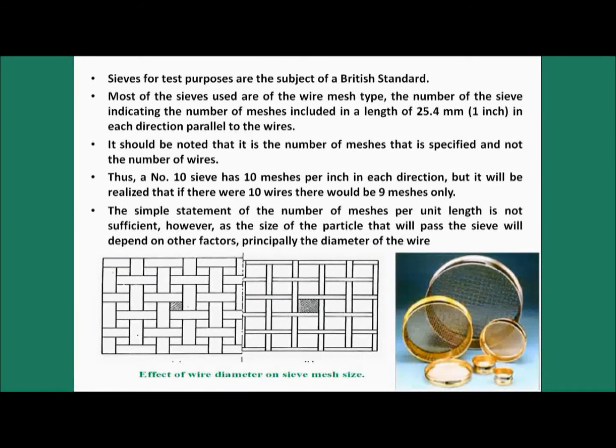So the simple statement of the number of meshes per unit length is not sufficient. The size of the particle that will pass the sieve depends on other factors also, principally the diameter of the wire. The diameter of the wire will decide the size of the particle that can pass through this aperture, or through this mesh.